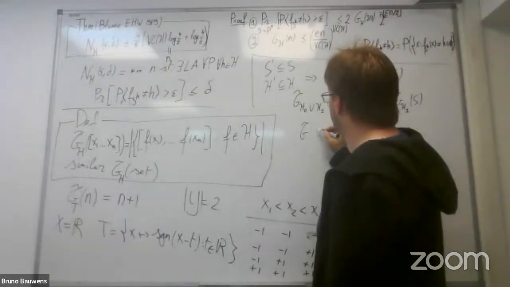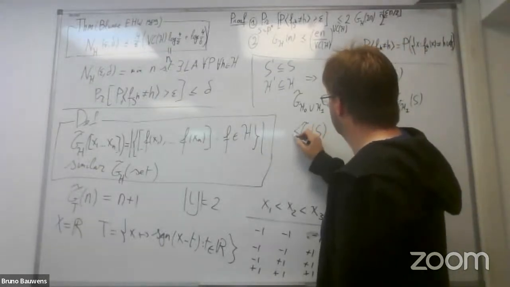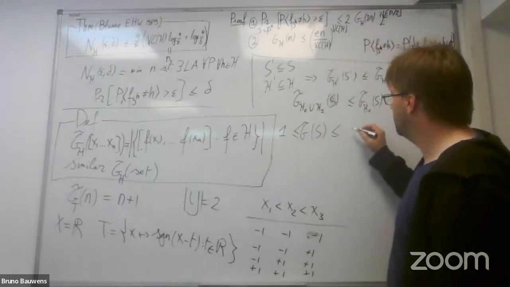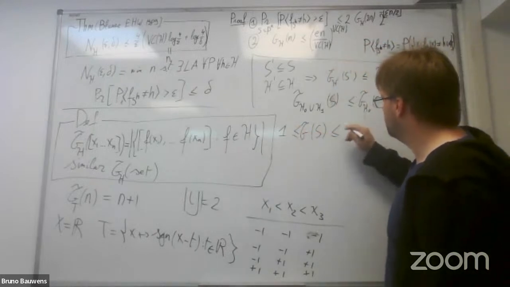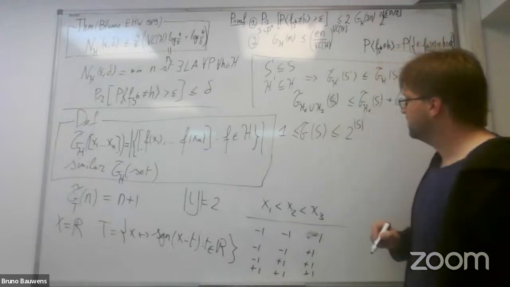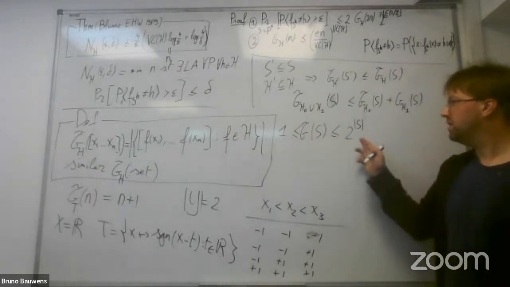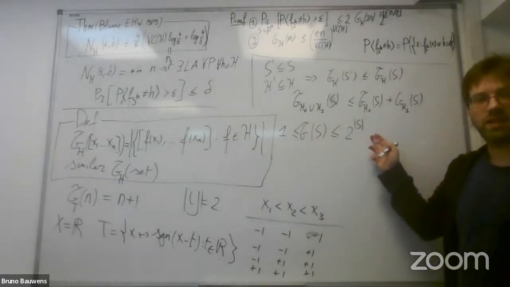And the size of a growth function is always at least 1 and at most 2 to the power size of S. So do you know why it's at most 2 to the power size of S? Because 2 to the power S is the cardinality of all possible subsets.